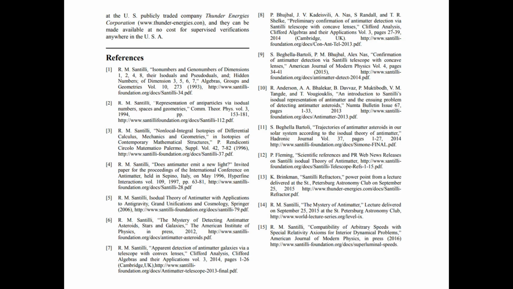It gets complicated when you're getting into that sort of issue. He's come up with this whole new system of mathematics, which he calls isodual numbers or something, and geno numbers of dimensions 1, 2, 4, and 8. He's come up with all this different mathematics, which I haven't investigated. That's a whole new separate issue. I've really just been looking at the different images you get with these different lenses.